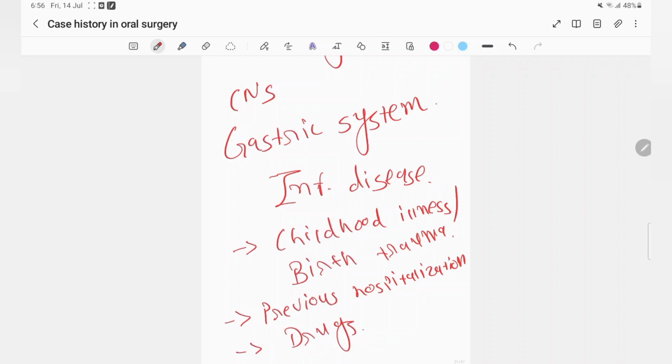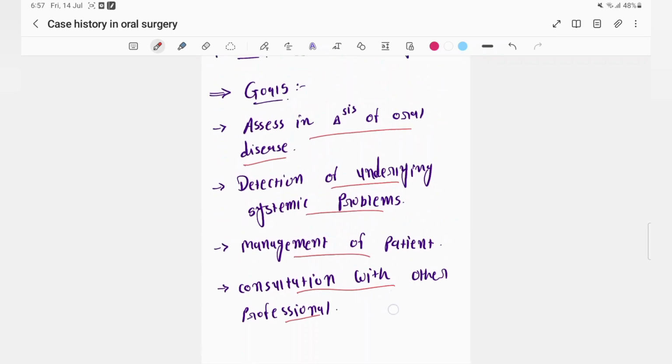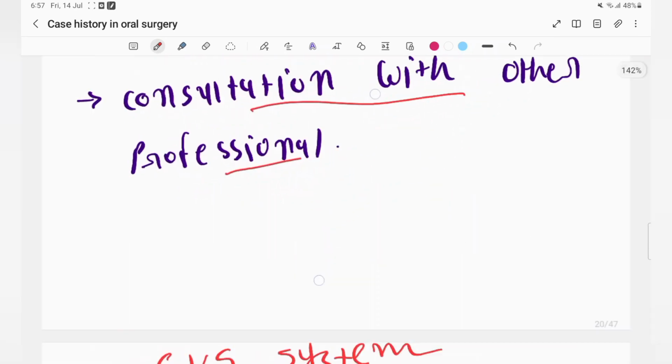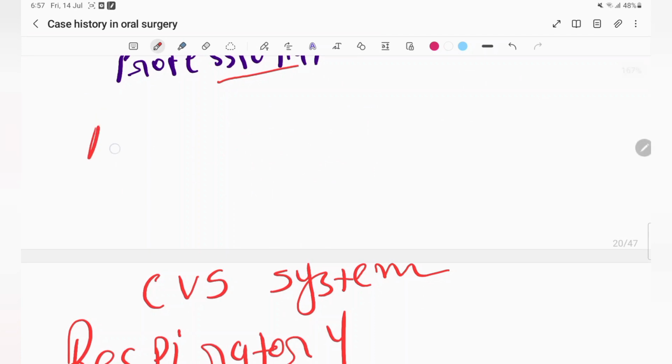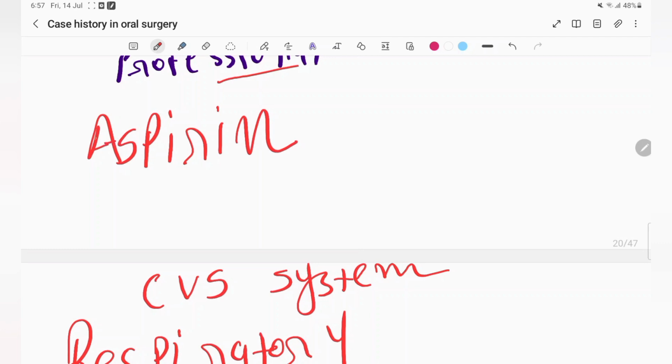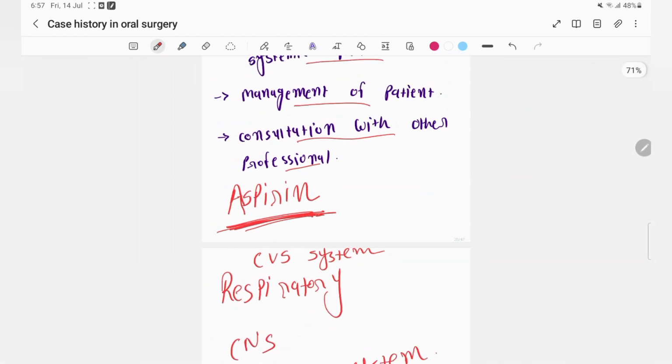Other than this, you have to ask about any blood transfusion history. After all those things, you are done with your medical history. But mainly, you have to ask about aspirin, right? Before going to any oral surgical procedure, we have to ask about all the drugs, but this is a very common drug which patients are taking in India, okay, for CVS.